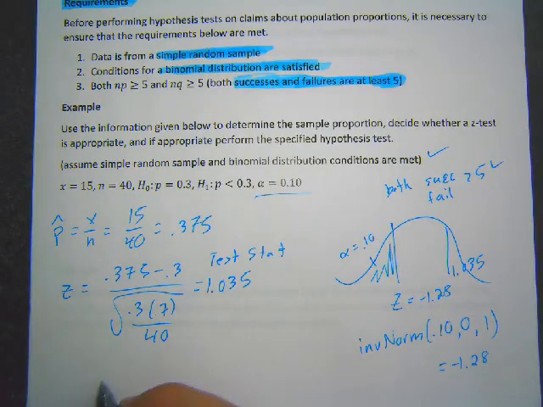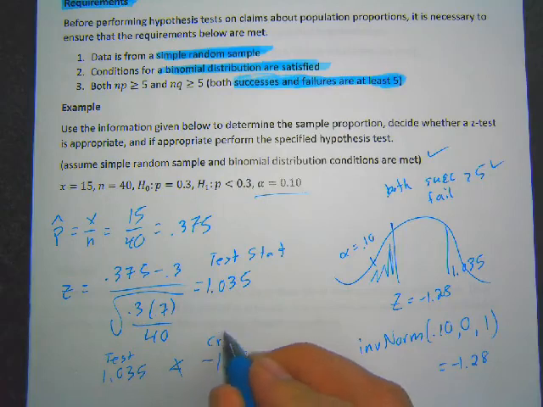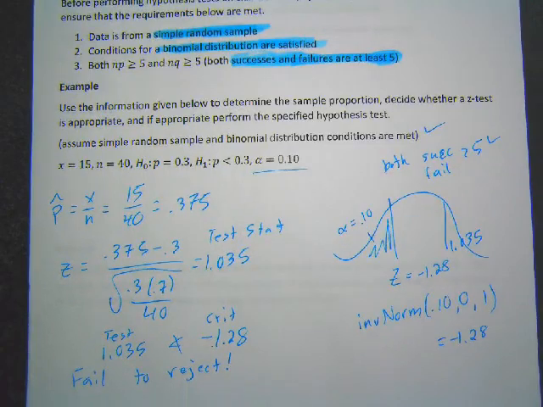So since our test statistic 1.035 is not the less than we're looking for, right? It's not less than that negative 1.28 critical value. We fail to reject. Okay, that's the critical value method.